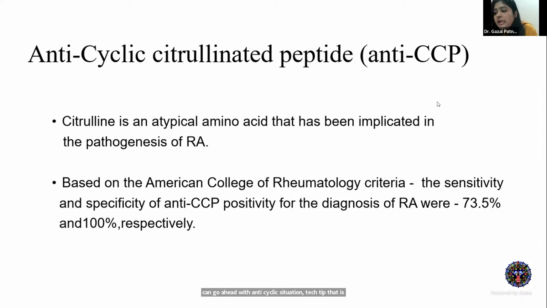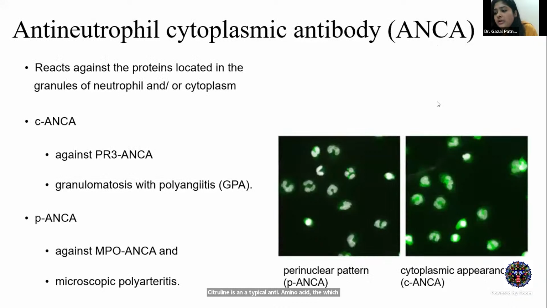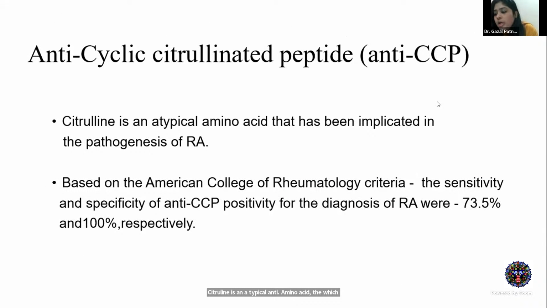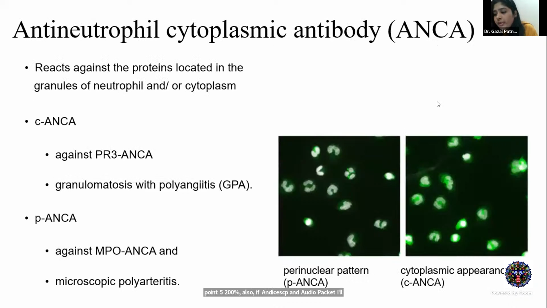Citrulline is an atypical amino acid present in inflamed synovium, and based on the American College, the specificity has been found to be around 73.5 to 100%. Also, if anti-CCP and RA factor are positive, there is more and worse ocular involvement.